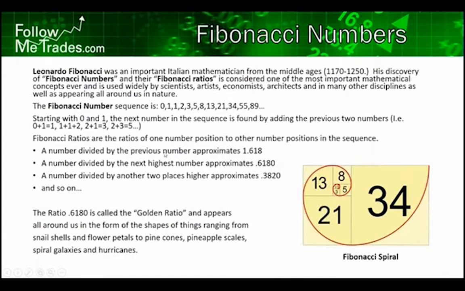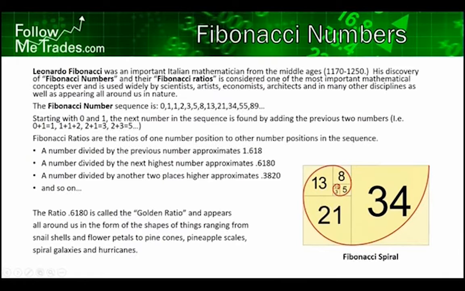As a part of Elliott wave theory, we use Fibonacci numbers. And Fibonacci numbers approach magical, right? They're found everywhere. The Fibonacci sequence starts 0, 1, 1, 2, 3, 5, 8, 13, 21. And what are called Fibonacci ratios are the ratios of one number in that sequence to other positions in that sequence, and those ratios hold consistently.